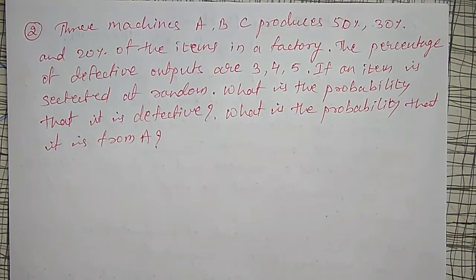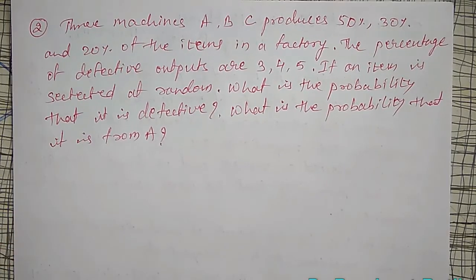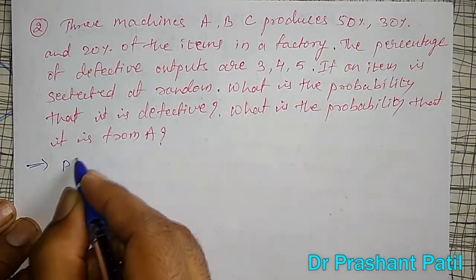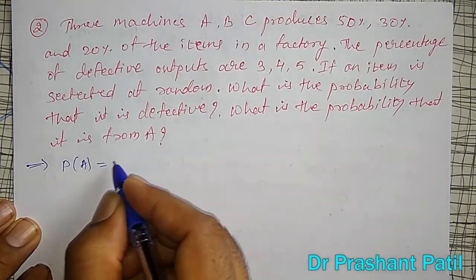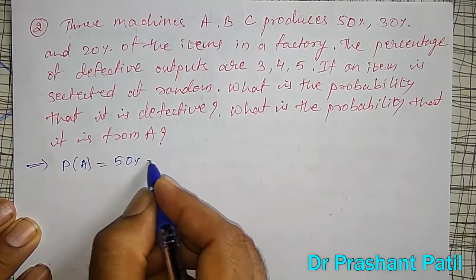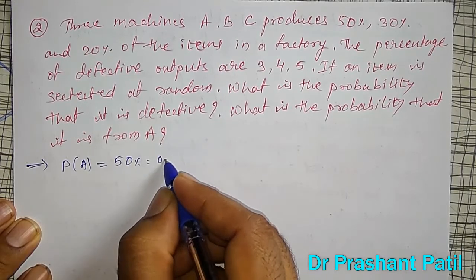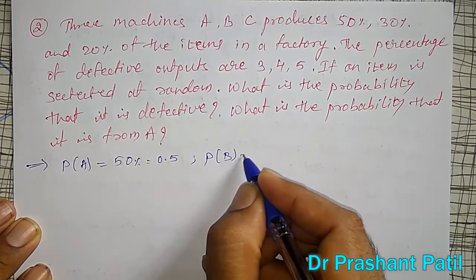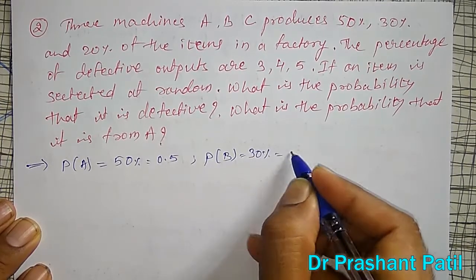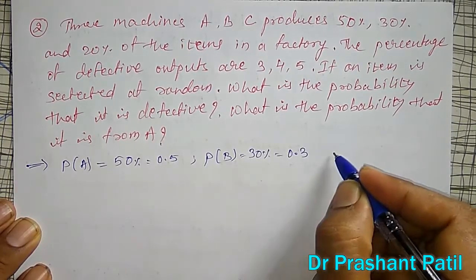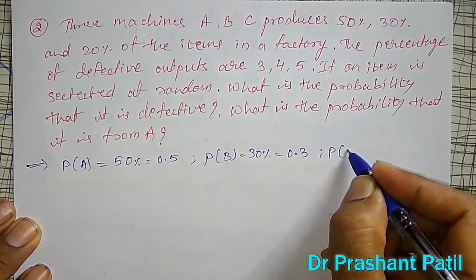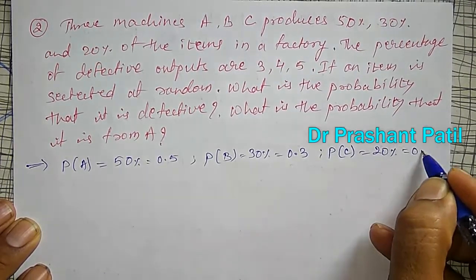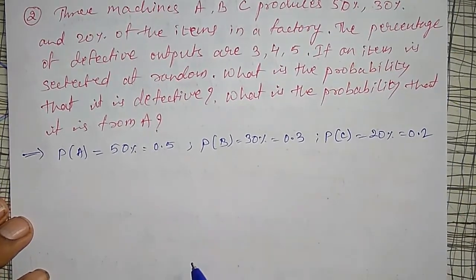Same as the previous example, only the numbers have changed a little. Therefore, given probability of A is 50%, that is 0.5, probability of B is 30%, 0.3, and probability of C is 20%, 0.2.